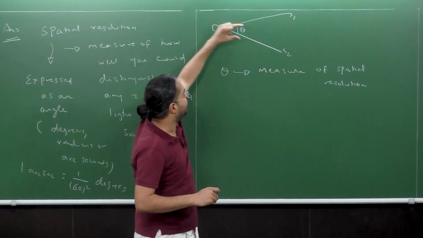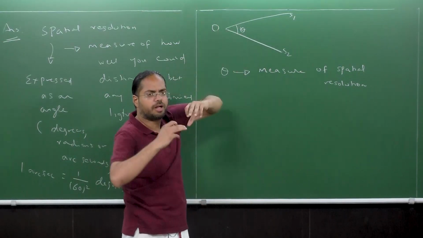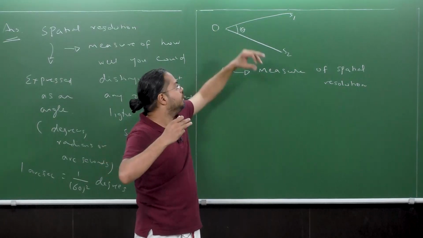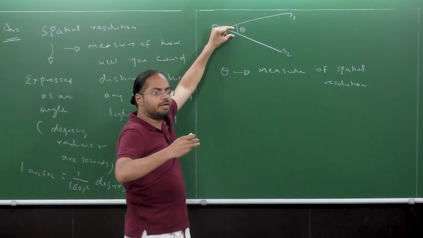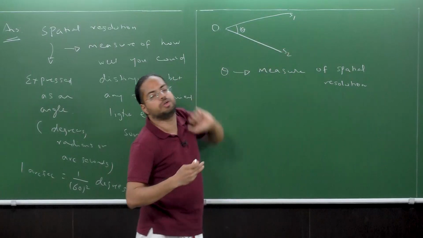The minimum resolving angle: there needs to be a minimum angle by which S1 and S2 are separated. If the separation lies within this angle, you may not even be able to distinguish between the two objects.